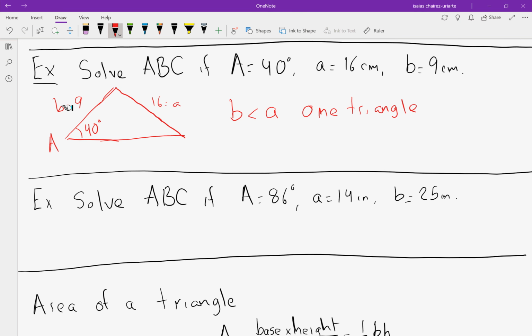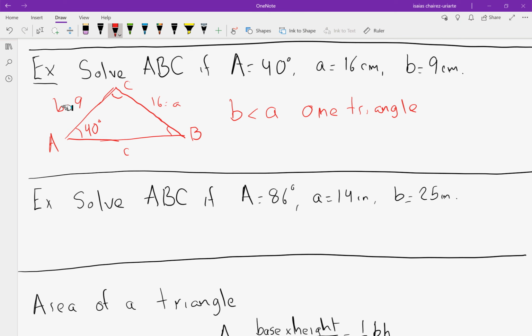All right, so that means I'm going to have to find this angle B, this angle C, and side length C. What should be the first unknown dimension that you should try to find?